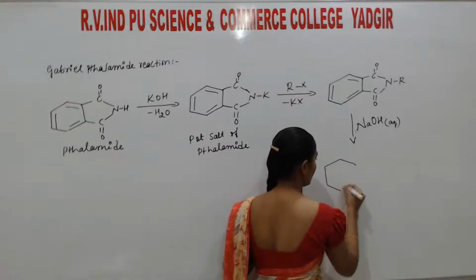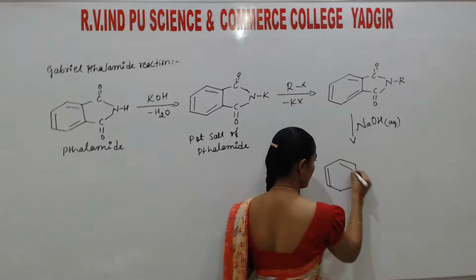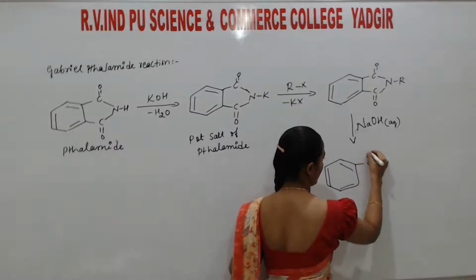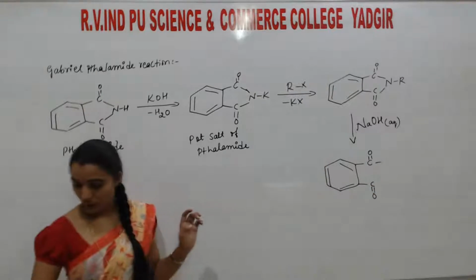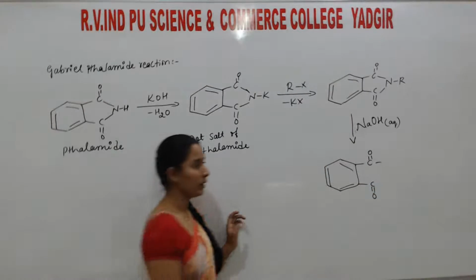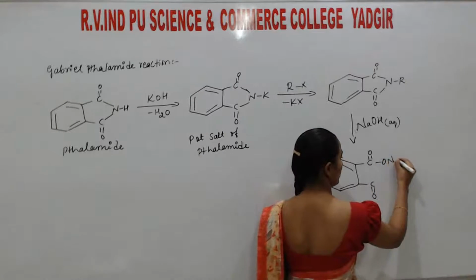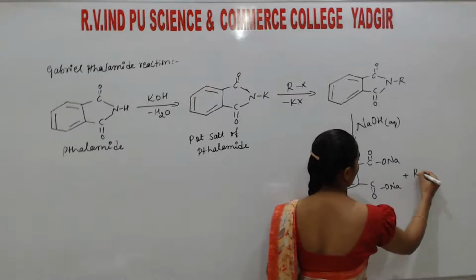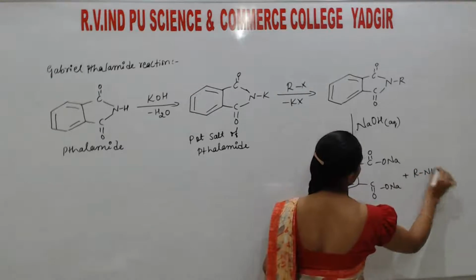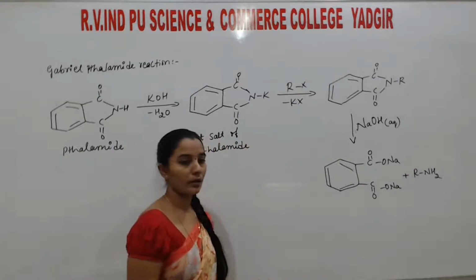This will give C double bond O, C double bond O, ONa, plus R-NH2.